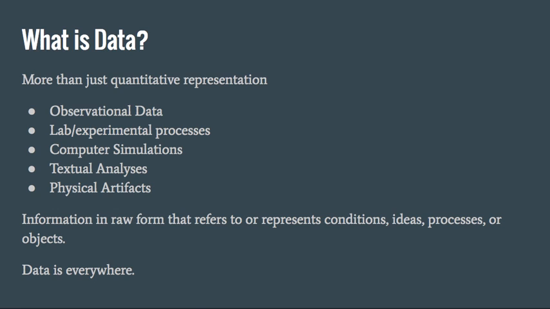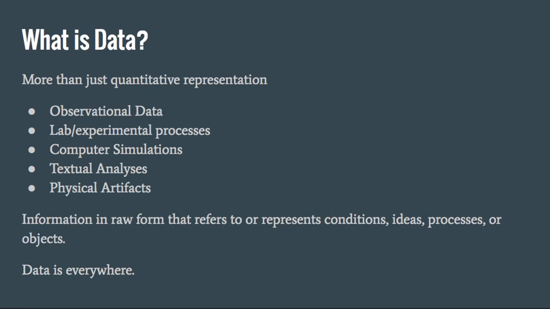We do a lot of textual analysis, so looking rhetorically at what people say and how they say it, and if you do that with enough rigor and with a focus on analysis, then that can be data to make a point, find new information, make an argument. Physical artifacts can also be data depending on what you're looking at, what questions you're asking about them, and how you're handling them.